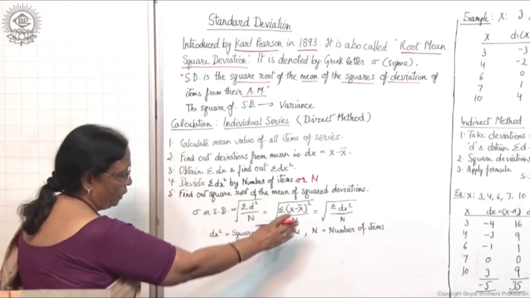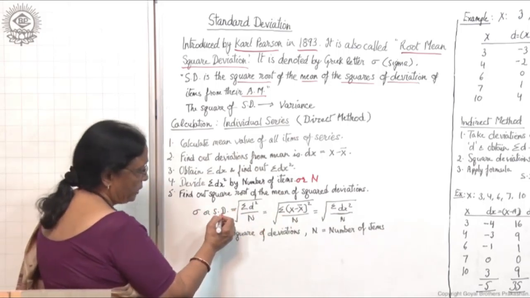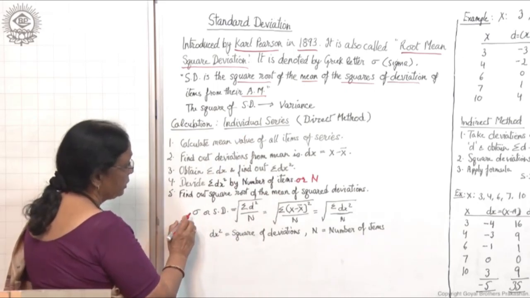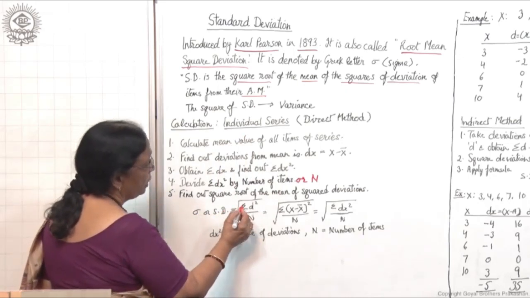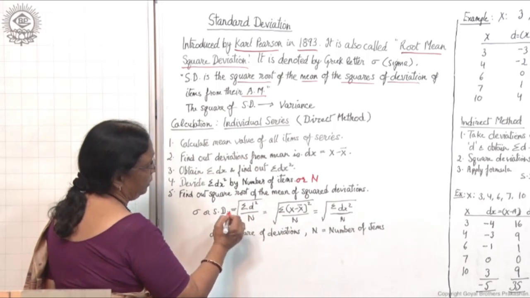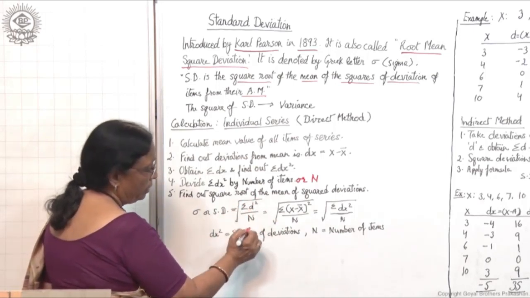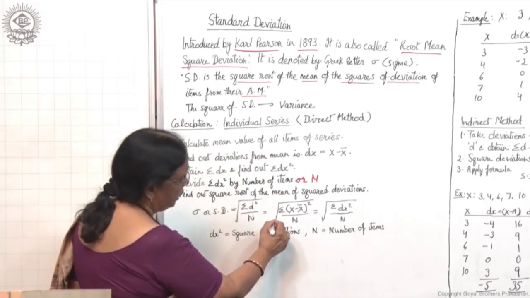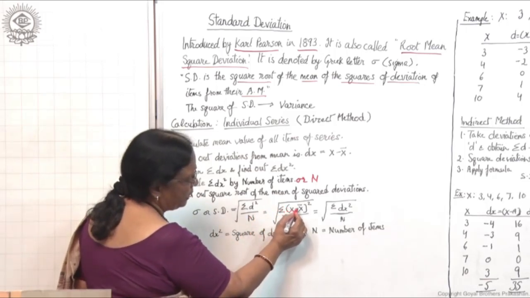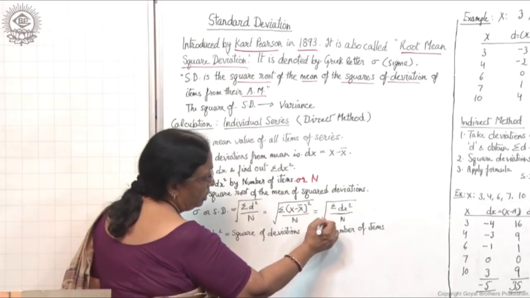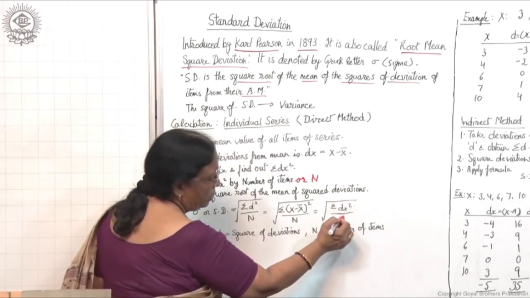Now this is the formula. SD, this is the sigma sign, as I told you, it's a Greek letter. Sigma or SD is equal to under root of sigma d square upon n, or under root of sigma x minus x bar whole square upon n, or sigma dx square upon n.